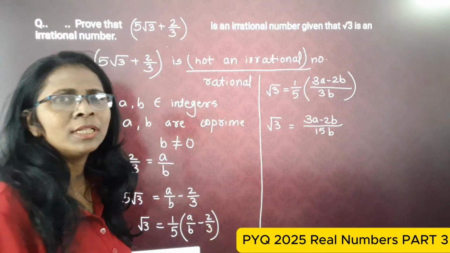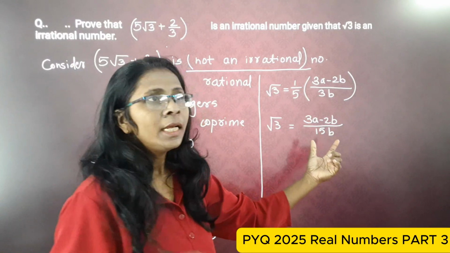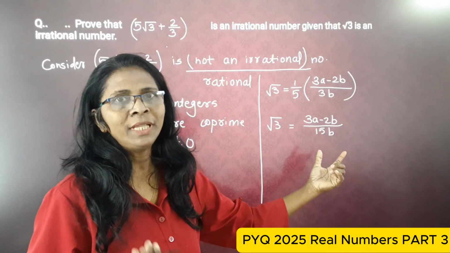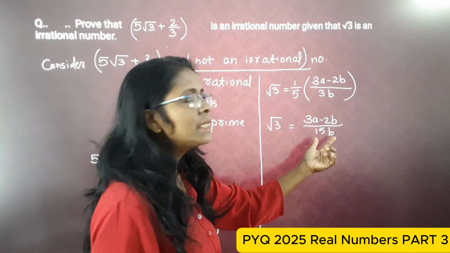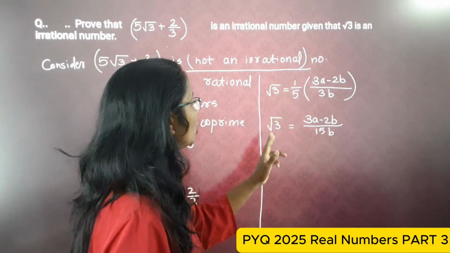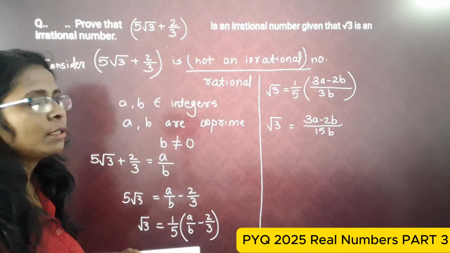Now students, the right hand side is in a upon b form, that is, a rational number, and 3a minus 2b upon 15b is a rational number, but our given is that root 3 is an irrational number.